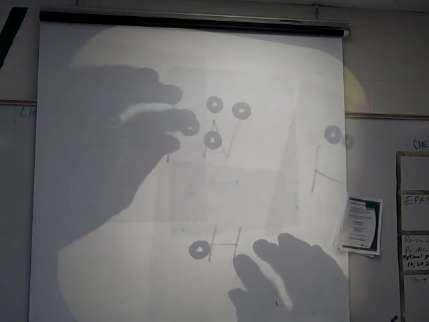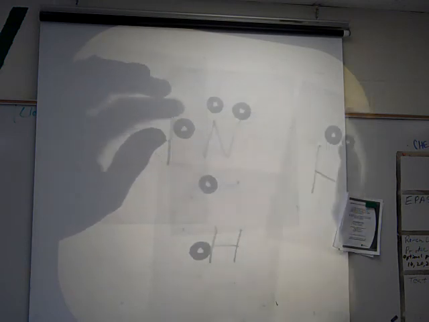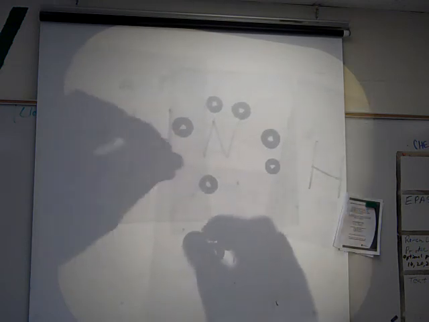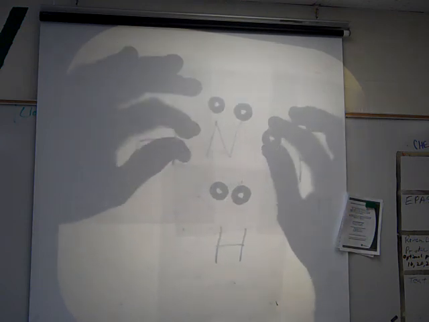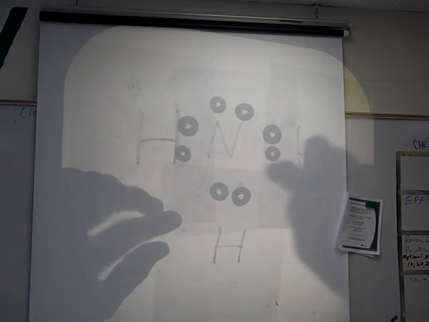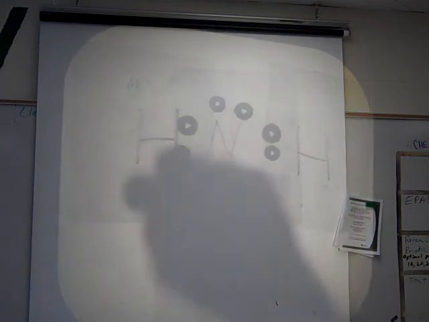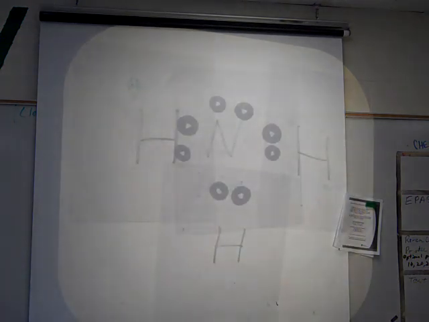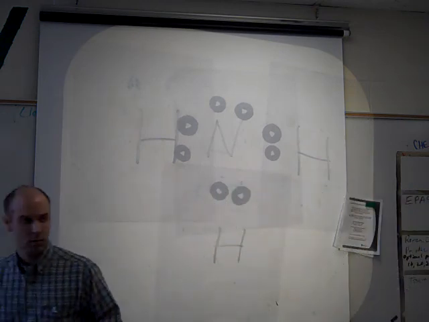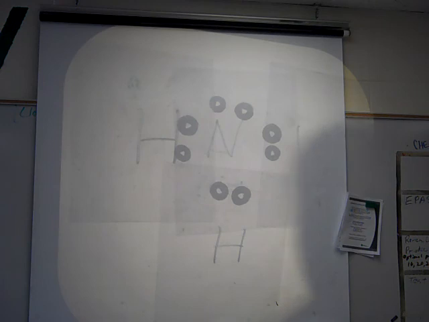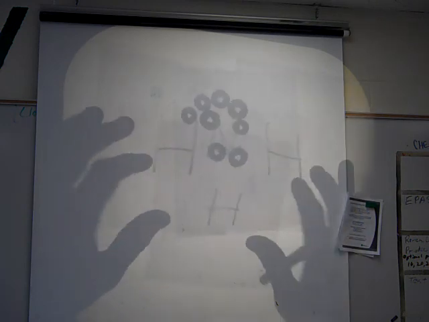So then, how do we get 8 around the nitrogen? Form 3 bonds. And how do we get 2 around the hydrogen? There's 2, 2, 2. 8 around the nitrogen. And the Lewis dot structure would look like this.